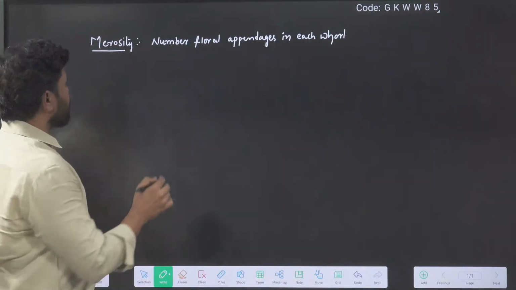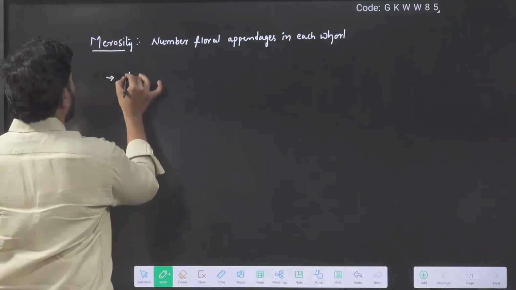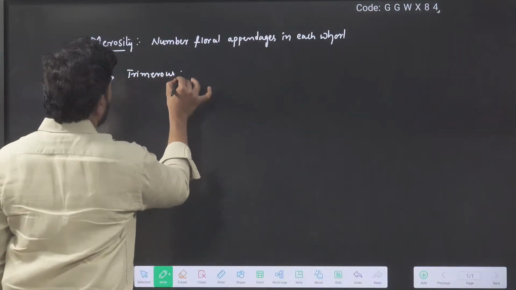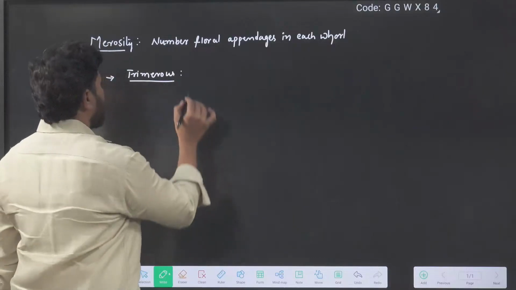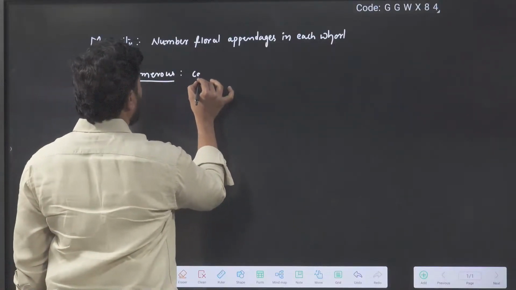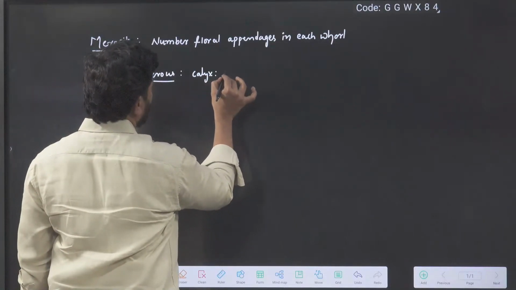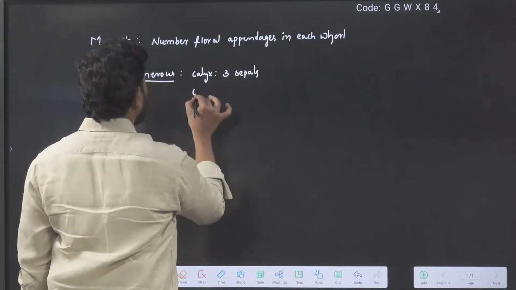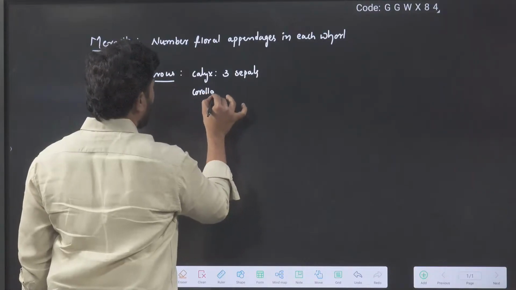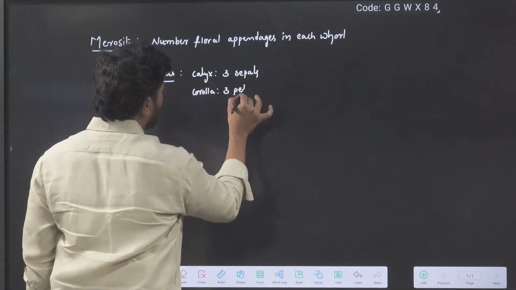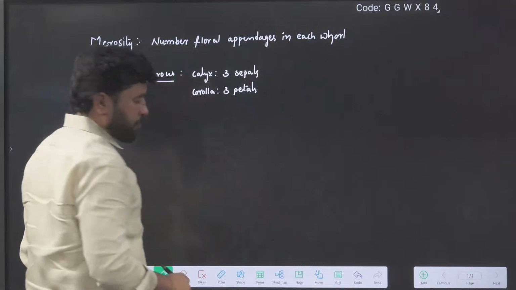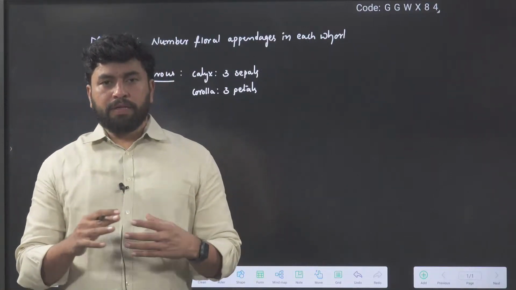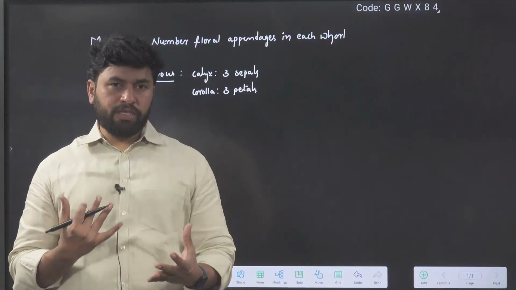In merosity, we have trimerous flowers. In each whorl, for example, I am talking about calyx, 3 sepals, or in corolla, 3 petals. Now here one thing you need to remember: it's not compulsory that if sepals are 3, petals must also be 3.